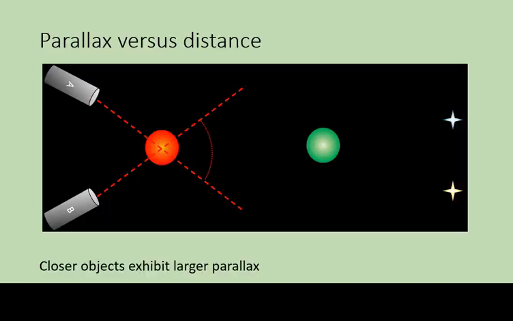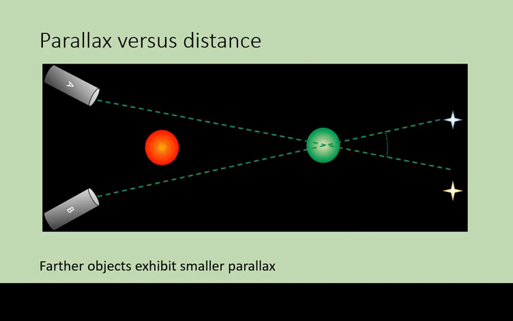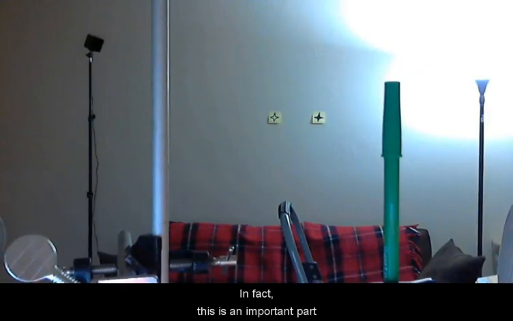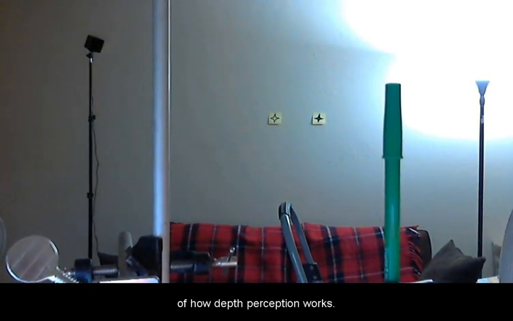Parallax is a useful way of deducing distance. Closer objects will appear to shift more than farther objects. In fact, this is an important part of how depth perception works.